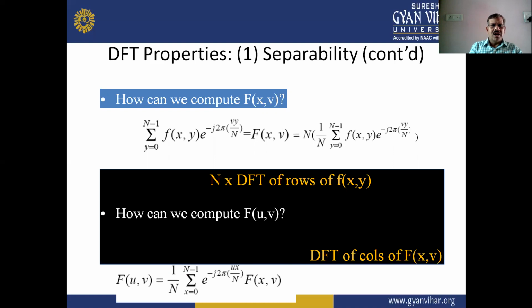And next is how can we compute F(x,v)? n times the DFT along the rows of f(x,y). How can we compute F(u,v)? F(u,v) equals 1 upon n summation of x equal to 0 to n minus 1 e to the power minus j 2 pi ux upon n into F(x,v).